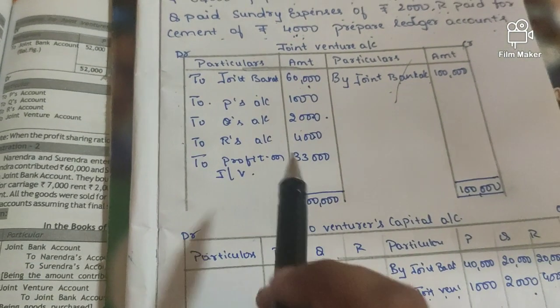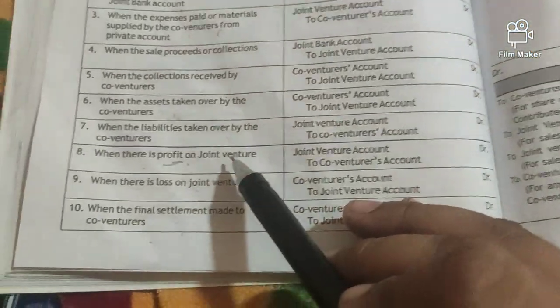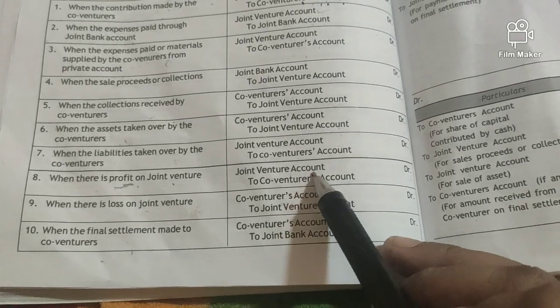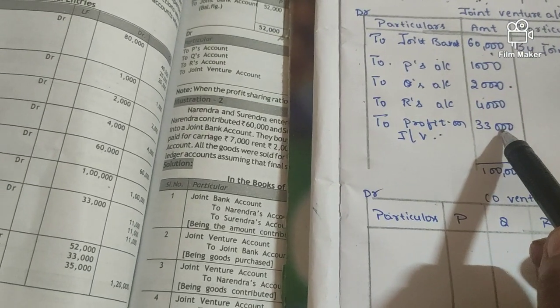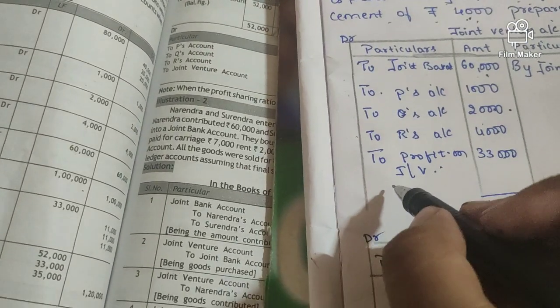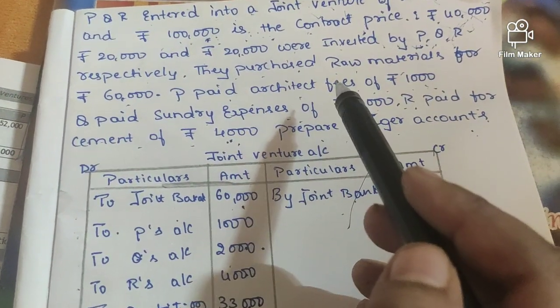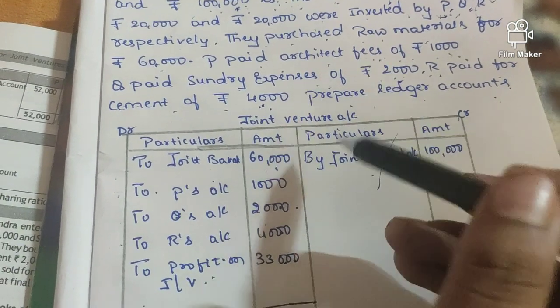So what is the entry when we share the profit? Look here, when there is a profit on joint venture, the entry will be joint venture account debit to co-ventures account. Joint venture account debit, we have profit 33,000. We'll share all this 33,000 among the partners. If they have given any ratio here, no ratio, I already said in the previous video, if there is no ratio given, you can share this in an equal manner.